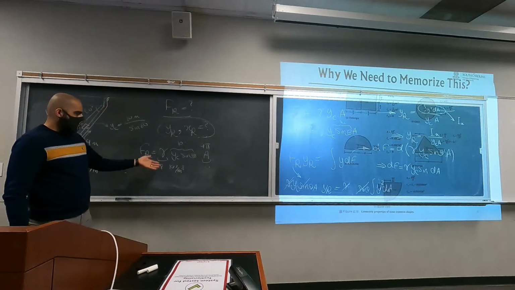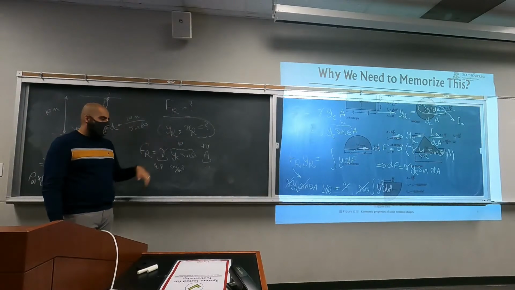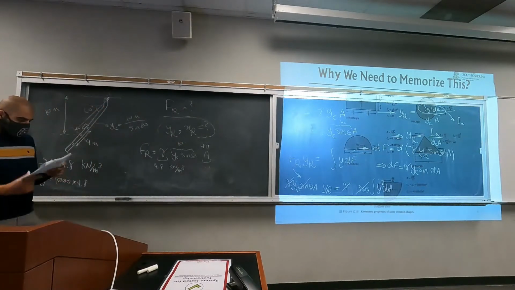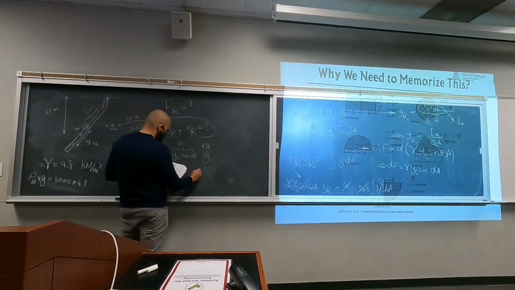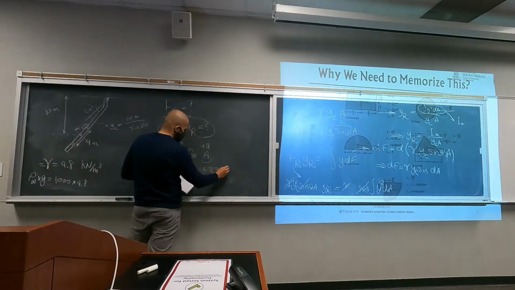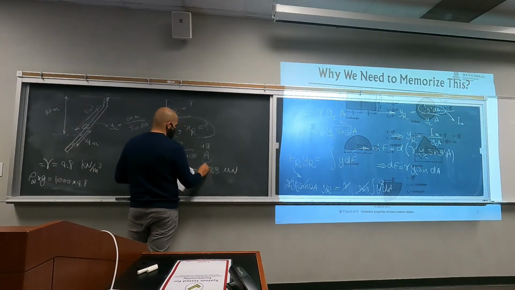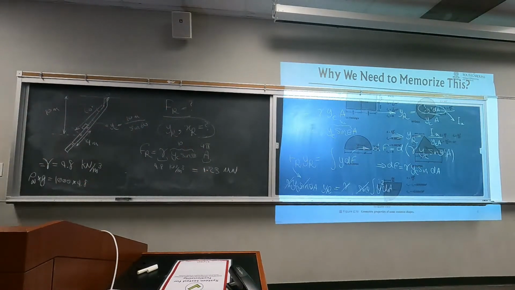So 9,800 multiplied by 10, 98,000 multiplied by 4 is going to be 1.23 meganewtons. So the force that is being applied, the hydrostatic force, the force that is due to hydrostatic pressure, right, is equal to 1.23 meganewtons.